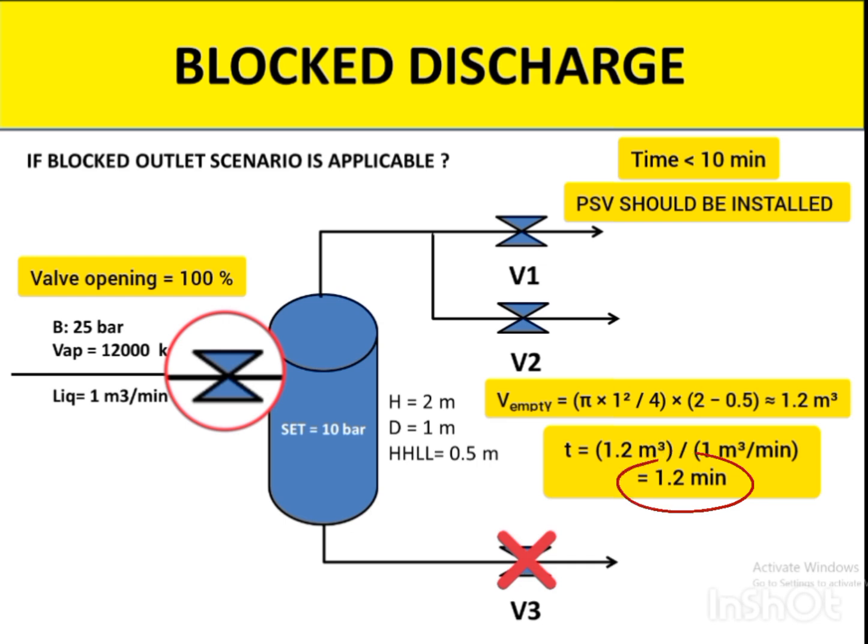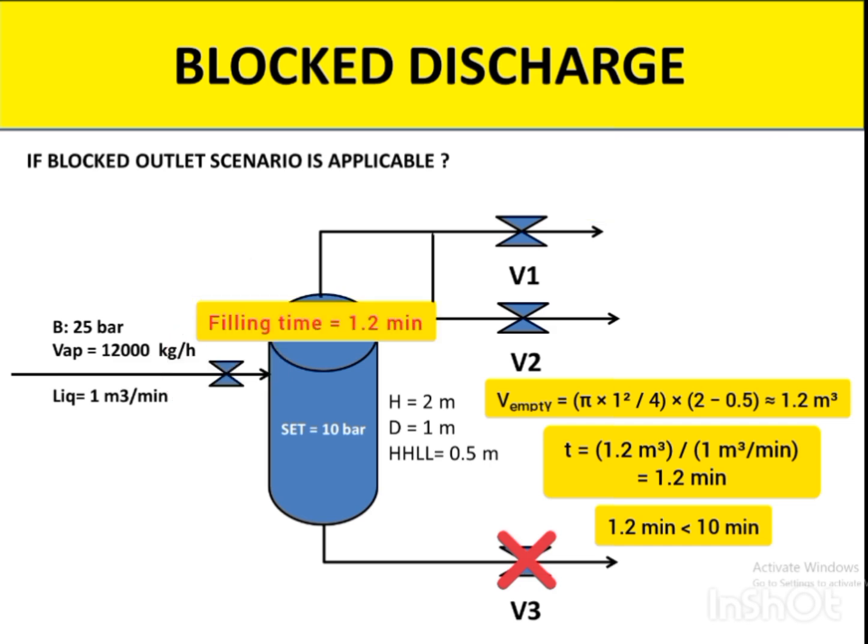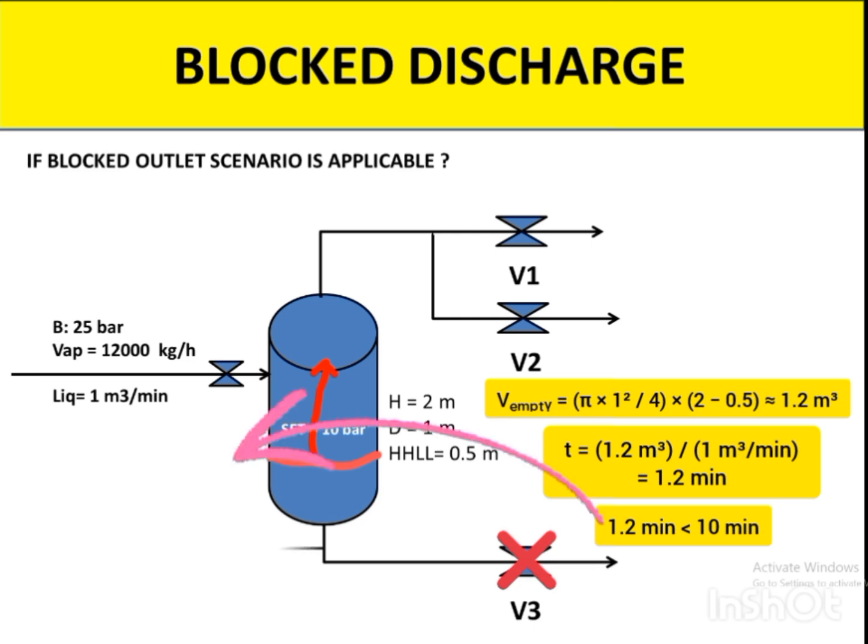That is about 1.2 minutes, which is less than 10 minutes. It means it takes about 1.2 minutes for the liquid to fill the vessel from the high liquid level to the top of this vessel. And since this 1.2 minutes is less than 10 minutes, we should consider installing a PSV for the liquid outlet as well.